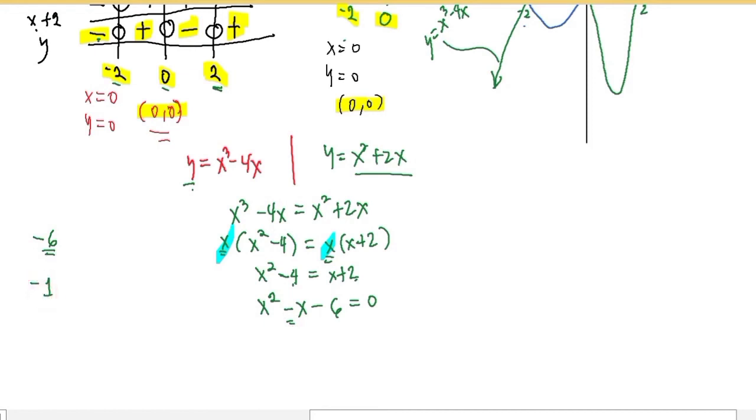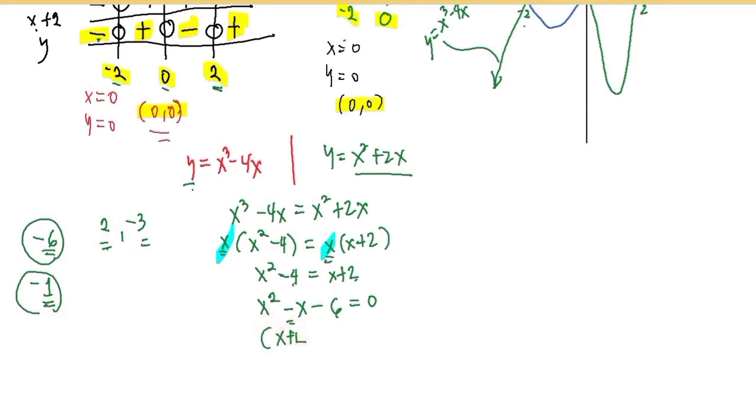No? So, if we are going to multiply the 2 times 3, that is 6. No? Pero dapat negative yung sum. So, dapat yung mas malaking number sa yung negative. So, pag pinag-multiply natin, negative 6. Pag pinag-add natin, negative 1. So, our factor here is x plus 2 at saka x minus 3.